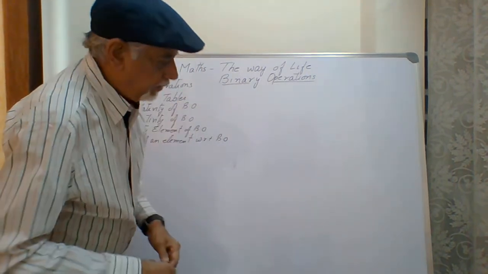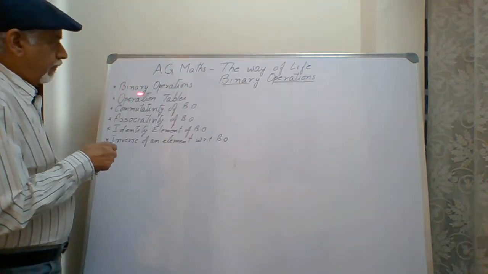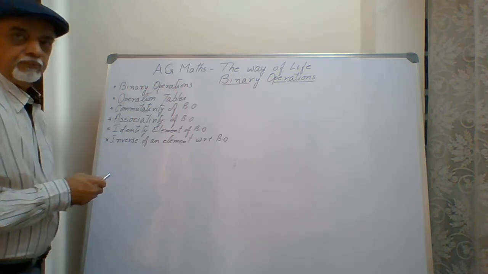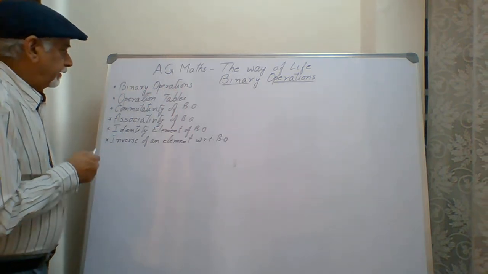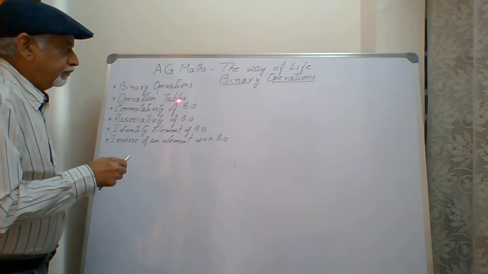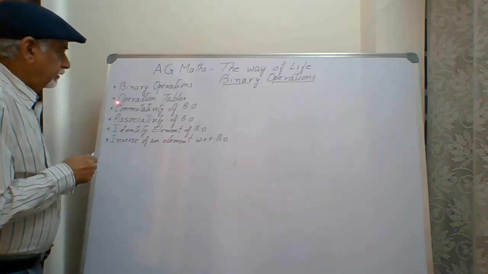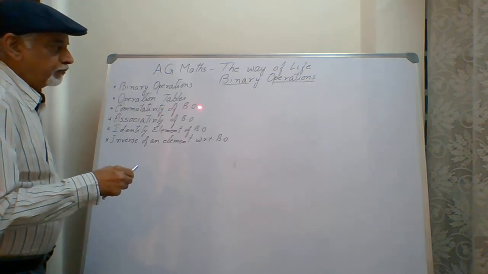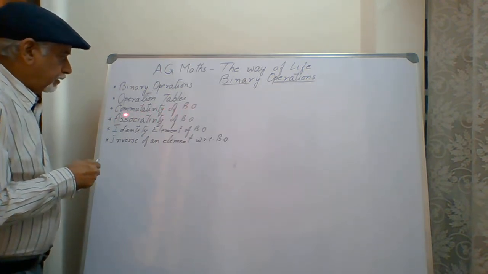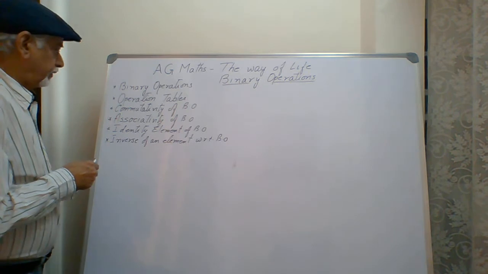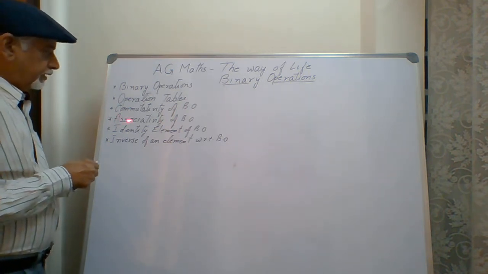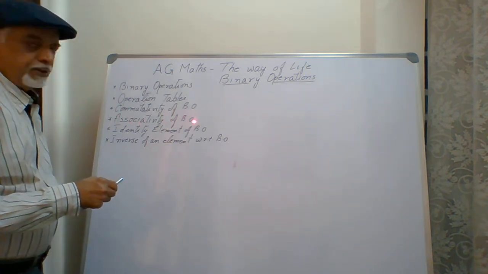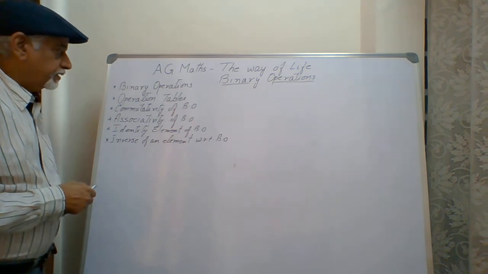In binary we will study the binary operations, what they are called, and then we talk about the operation tables in binary. Next we will come to the commutative property of binary operations, whether it is commutative or not, with examples. The associative property is also another important property for binary operations.